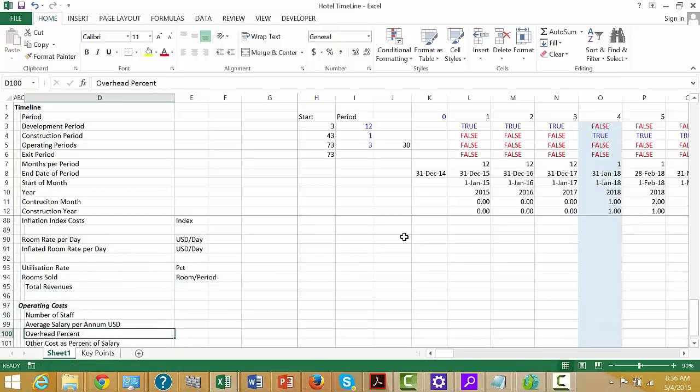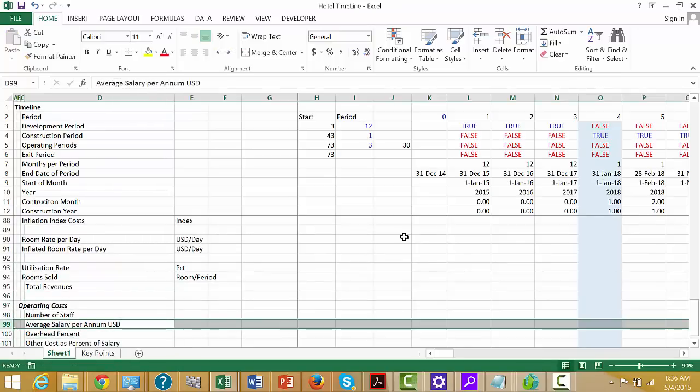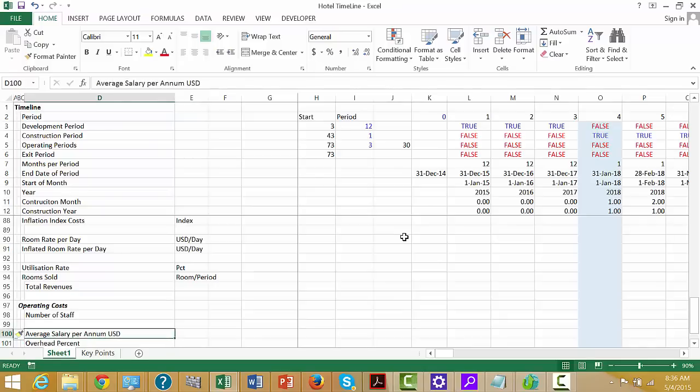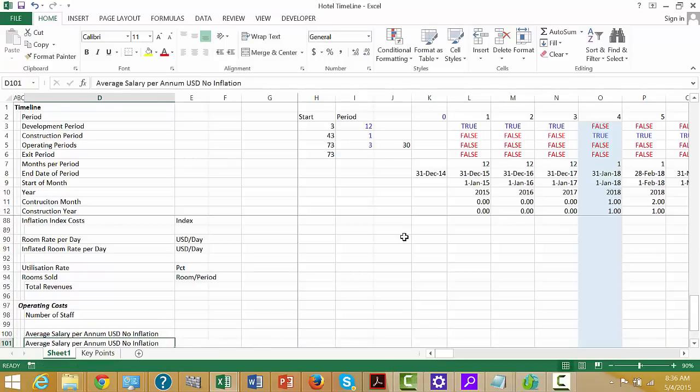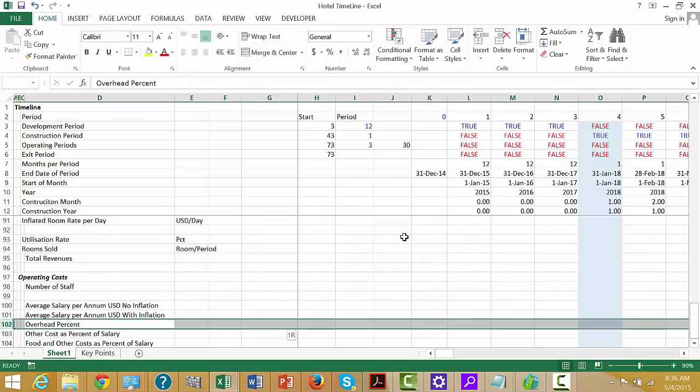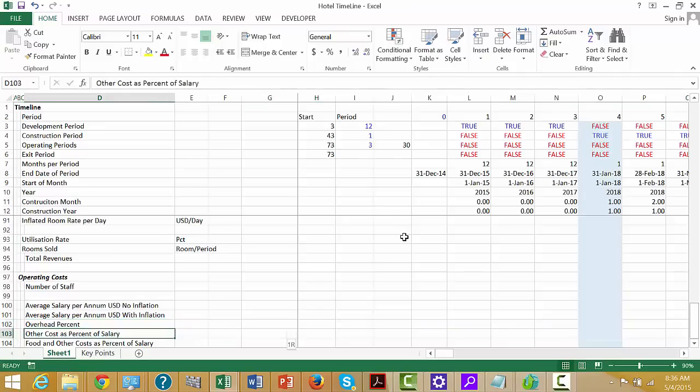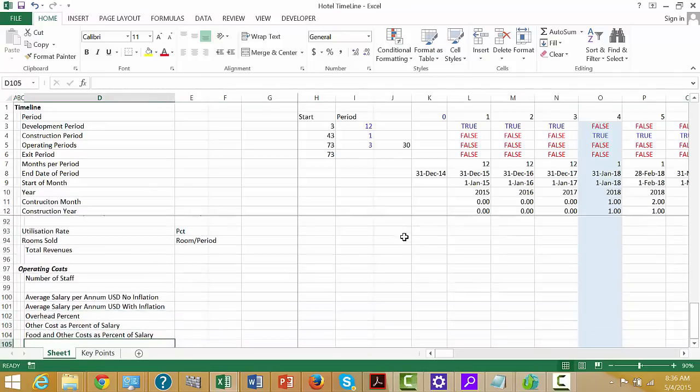So staff, and then we put average salary per annum, no inflation. And then we can put with inflation. And then we can put our overhead percentage, other costs, food.